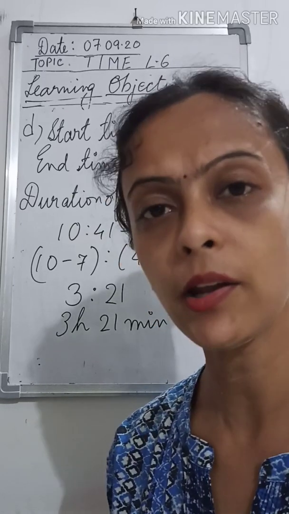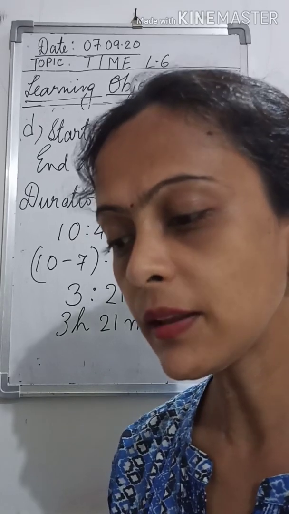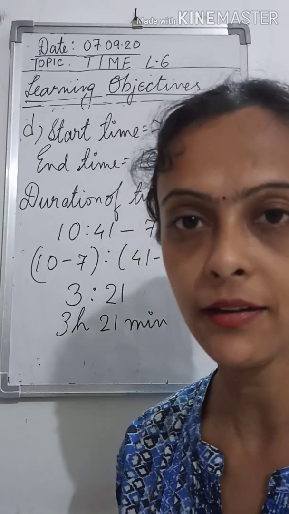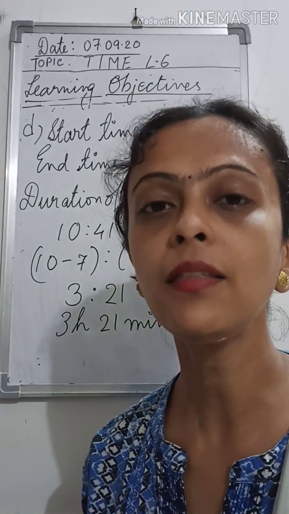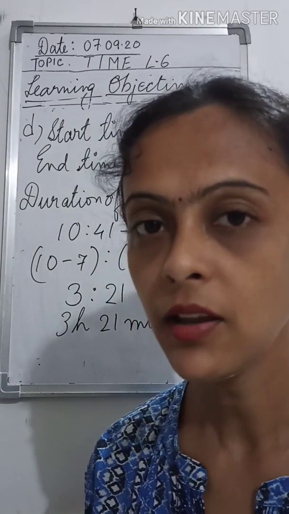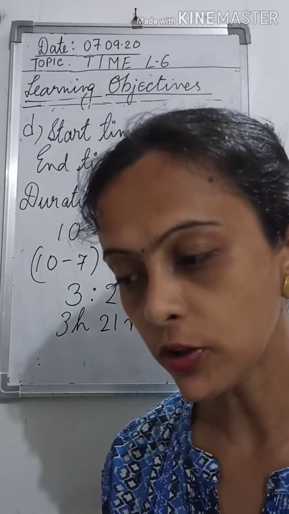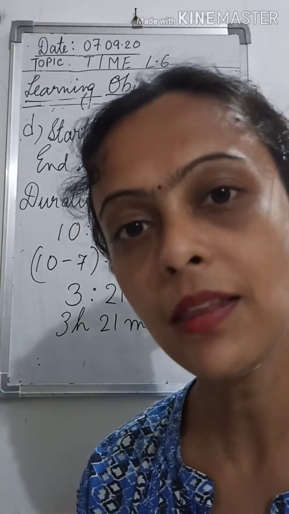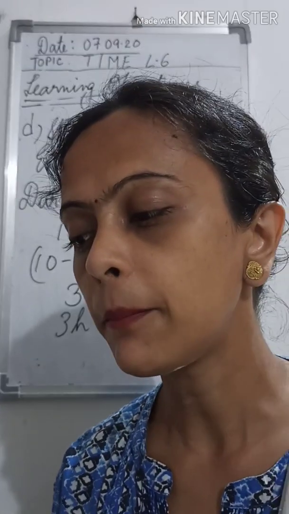So as we know that 1 hour means 60 minutes, so she has completed her work 15 minutes earlier. So 15 minutes earlier means you subtract 60 and 15. So how much will you get? You will get 45 minutes. So that means this is the time taken by her to complete her drawing.